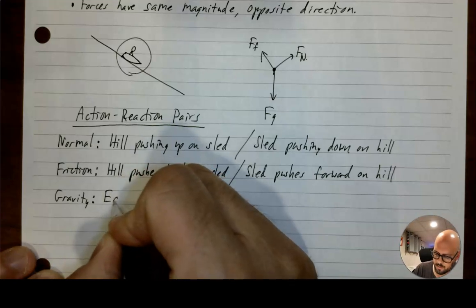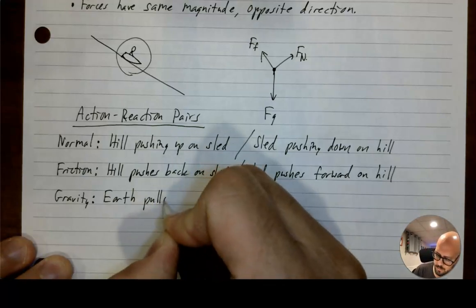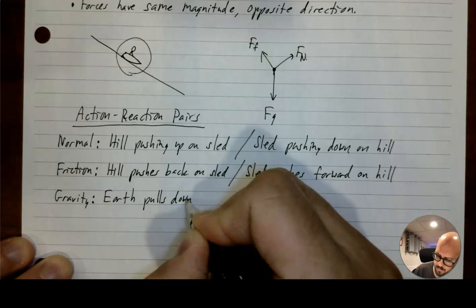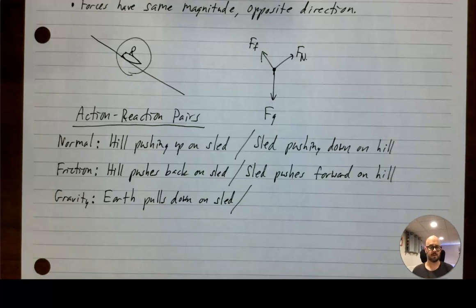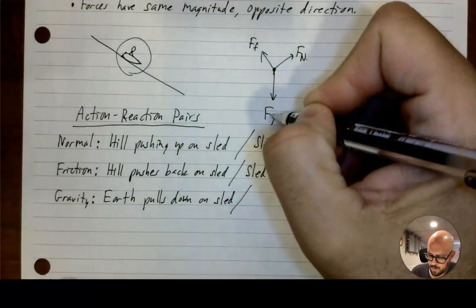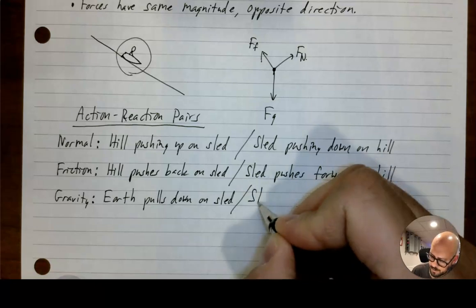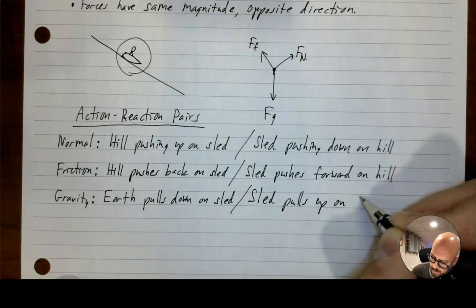So Earth is actually the source of the action force on us. So the Earth pulls down on the sled. So gravity is caused by the Earth, and I left that out of the notes, so now you know that when we talk about Fg and mg, that's the force that the Earth exerts on something. So the Earth pulls down the sled, that's the gravitational force, and then that must mean that the sled pulls up on Earth.